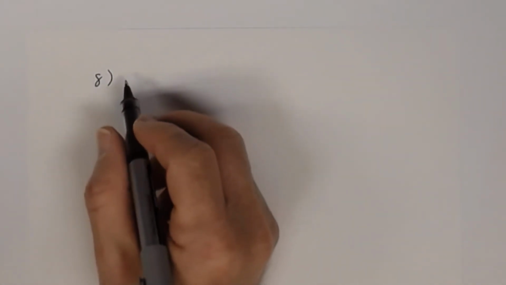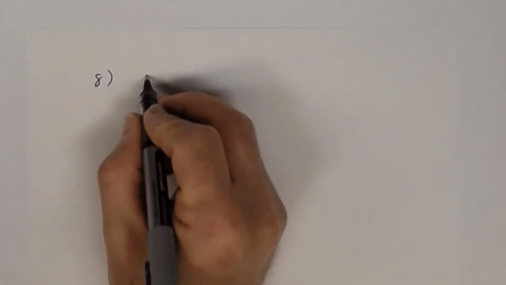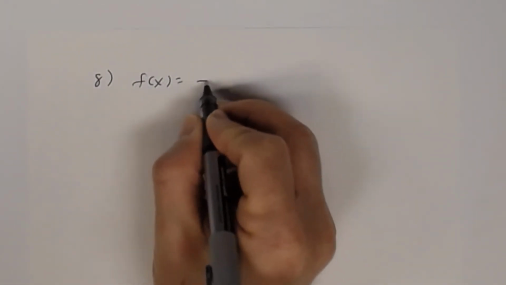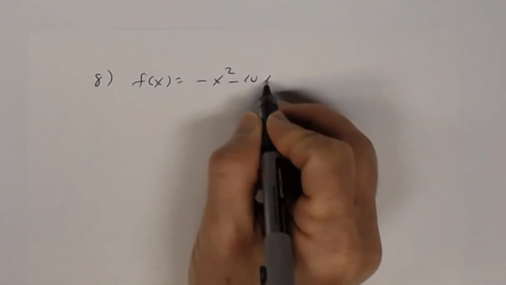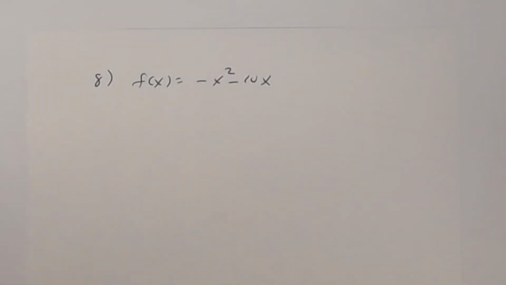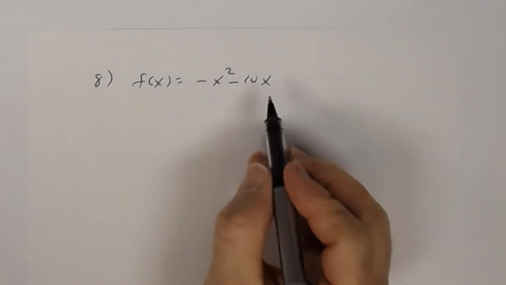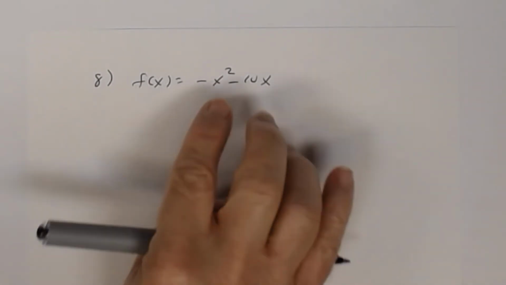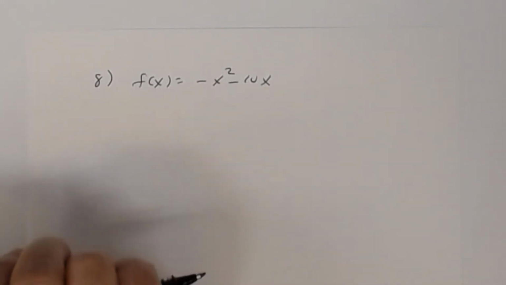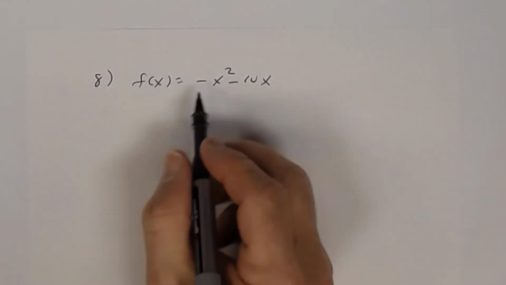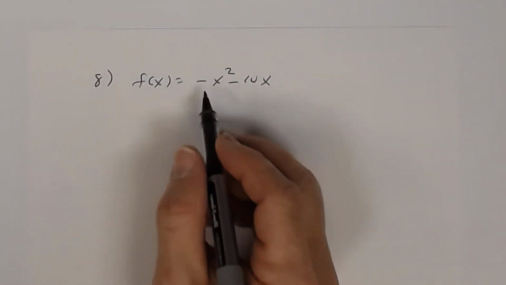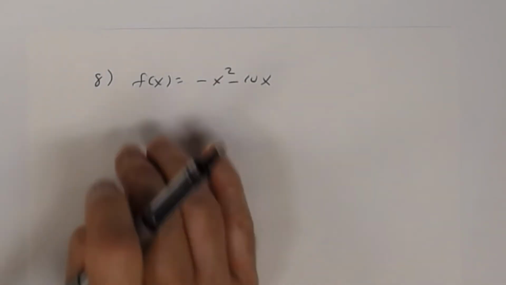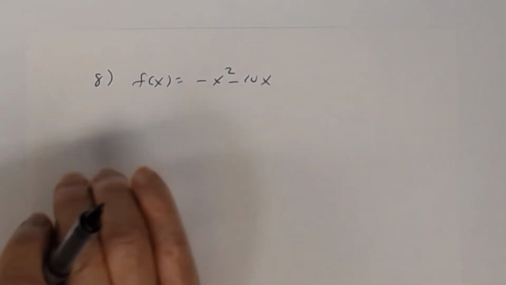Number 8, let's suppose we had f of x equals negative x squared minus 10x. Since there's no constant term here, let's factor out a -1. Or if you want, let's be consistent. We're going to do it both ways: one where we divide, one where we factor.